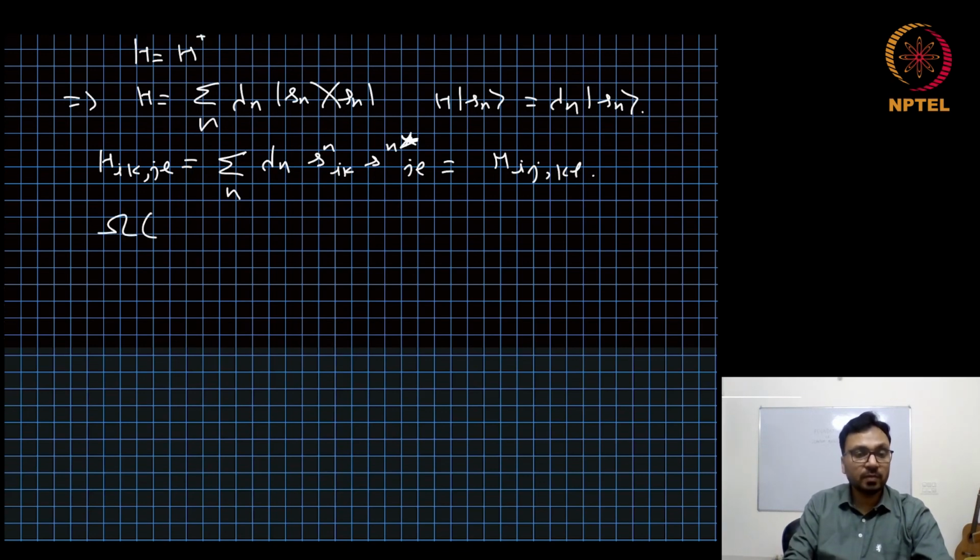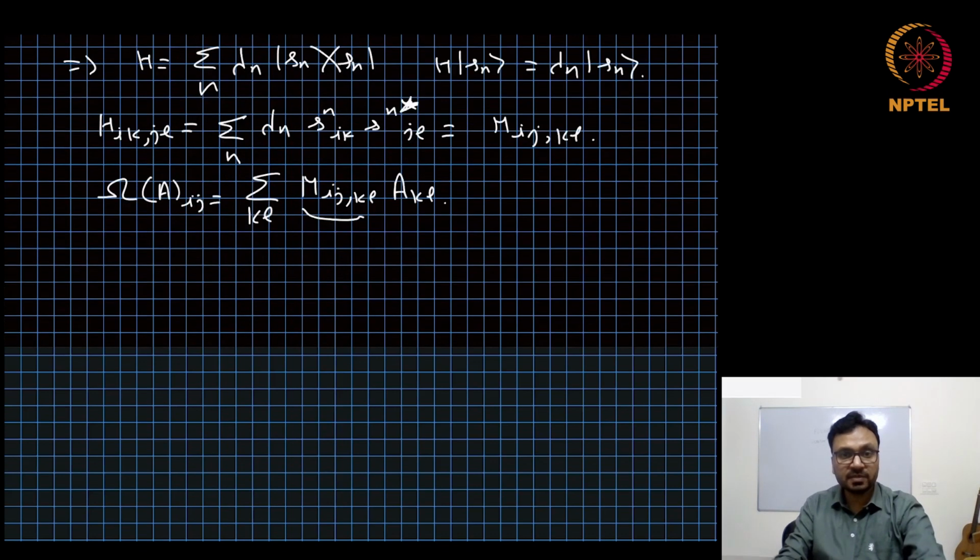So a map omega acting on an ij element is sum over ijkl, M ijkl A kl. Now we can substitute this expression for the element M ijkl.